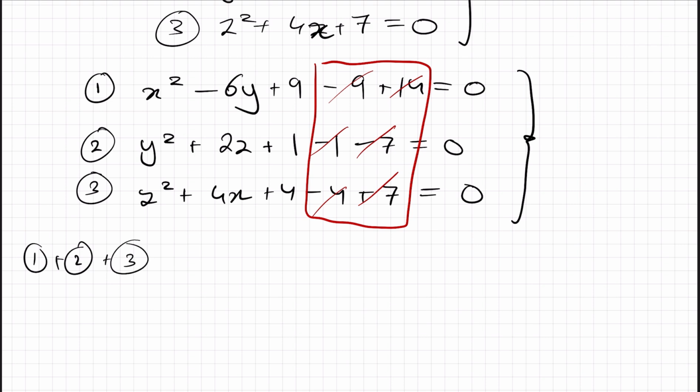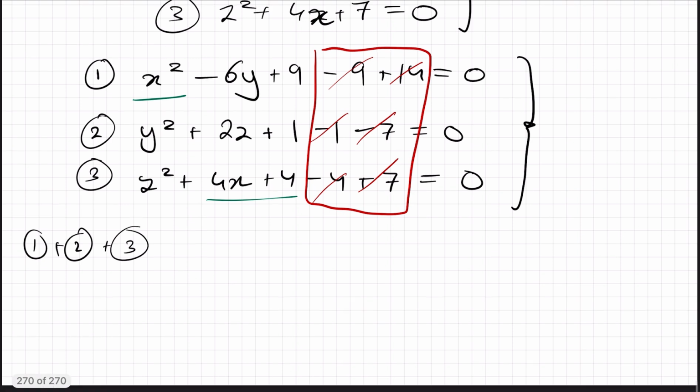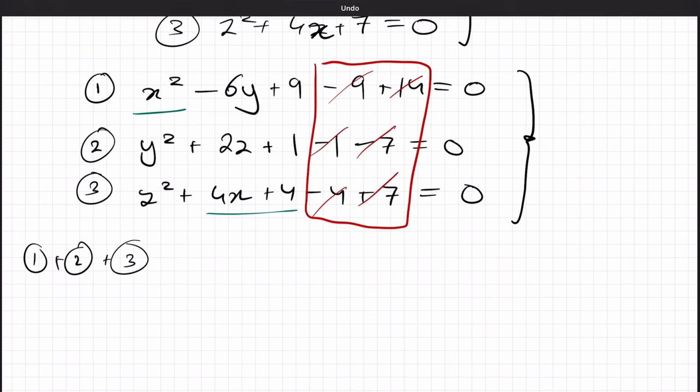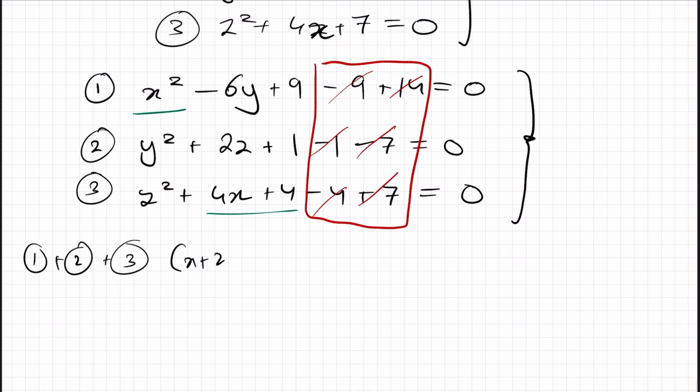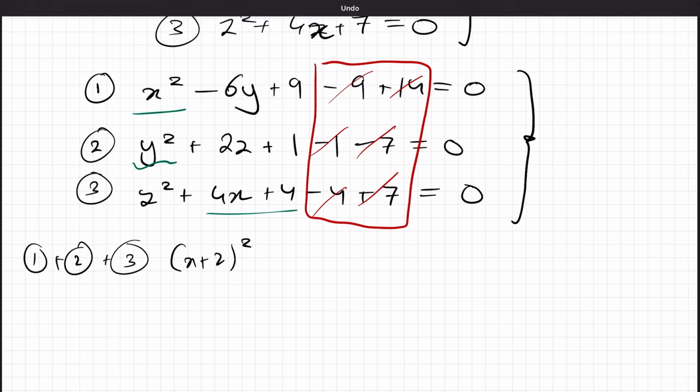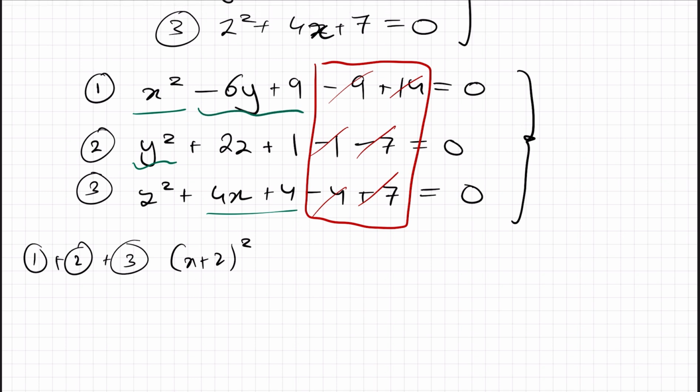I'll do this bit of completing the square at the same time. So we'll look at the x's first. We have the x squared and the 4x plus 4. So when we just convert it to a perfect square, because that's what we already did, we're going to get x plus 2 squared, right? Now let's look at the y's. So we have y squared and minus 6y plus 9.